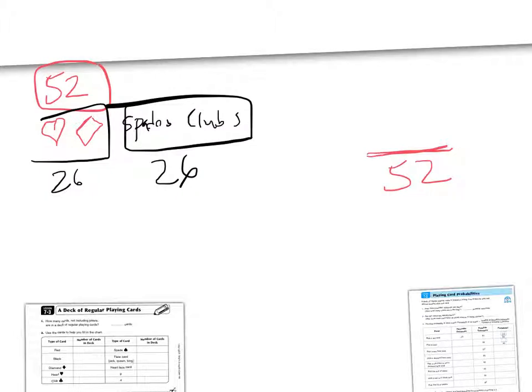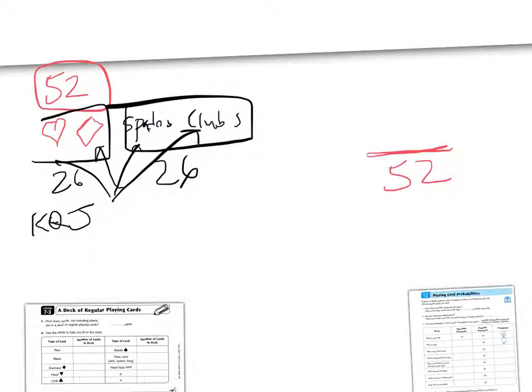In each suit, there are a king, a queen, and a jack. And a king, queen, and jack are considered face cards. So there are a king, queen, and jack of hearts, a king, queen, a jack of diamonds, a king, queen, a jack of spades, and a king, queen, and a jack of clubs.